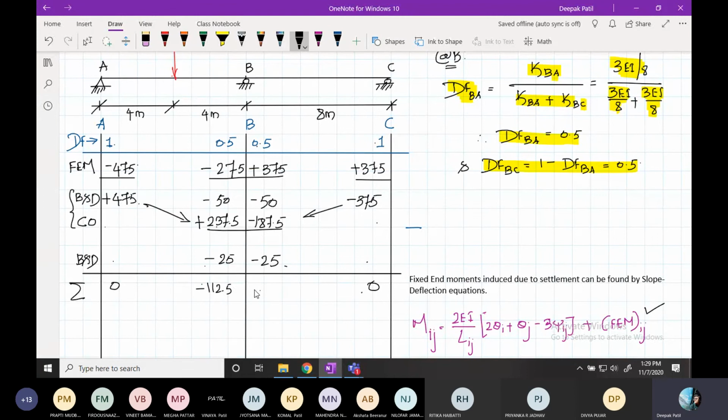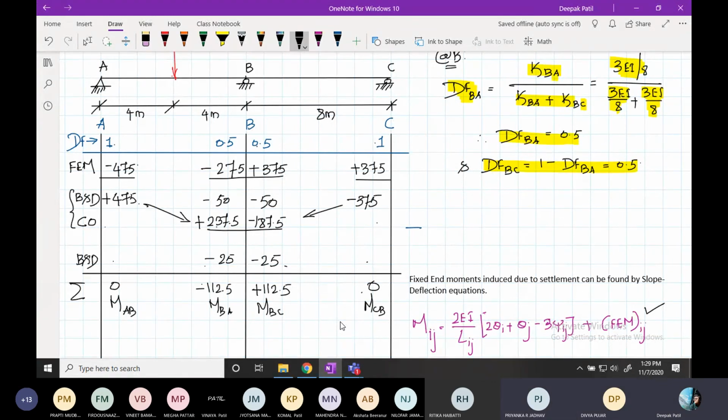And here you should get plus 112.5. This is your MAB. This is MBA, MBC, MCB. Are you clear, students?